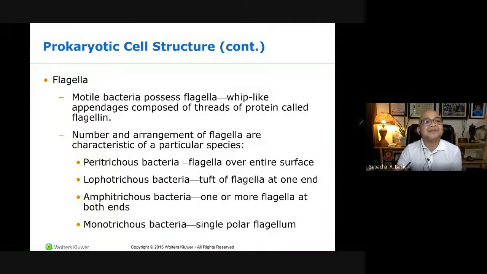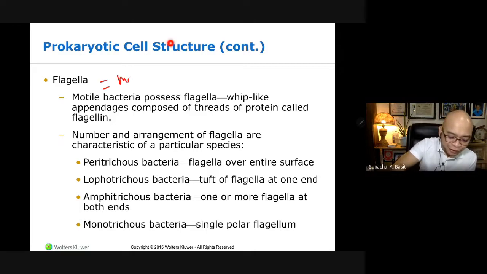Just like our eukaryotic cells, prokaryotic cells are also provided with flagella. Motile bacteria possess flagella, whip-like appendages composed of threads of proteins called flagellin. Flagella are important for motility.